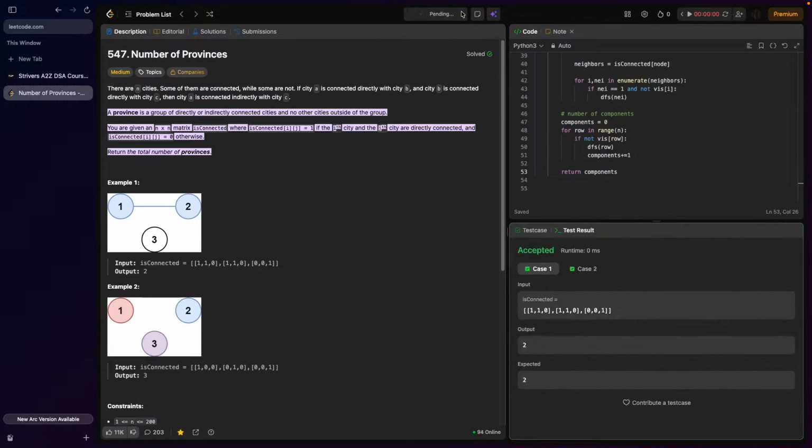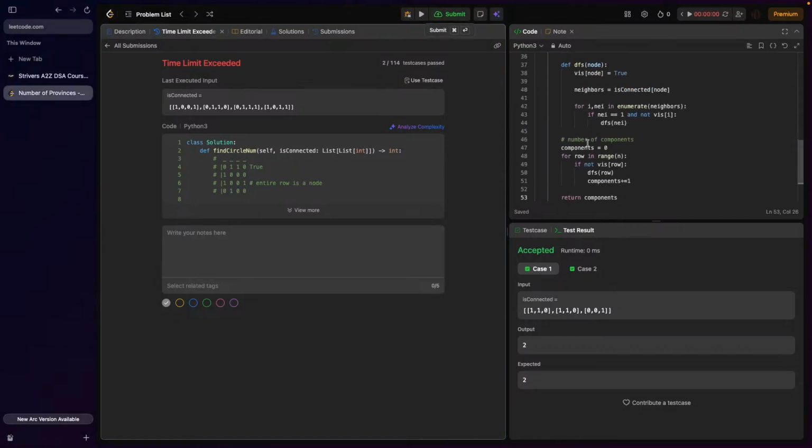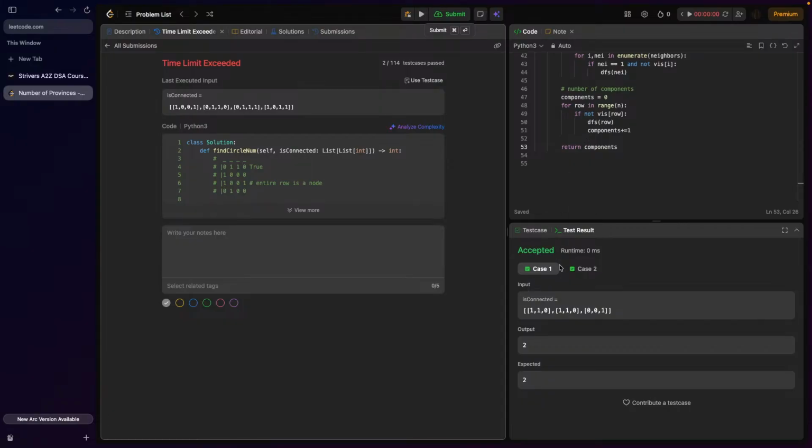Nice. That took a lot more time than expected. That's probably because I forgot how to actually do DFS with adjacency matrices. So yeah, maybe this wouldn't pass. Wait, is the visited not working?